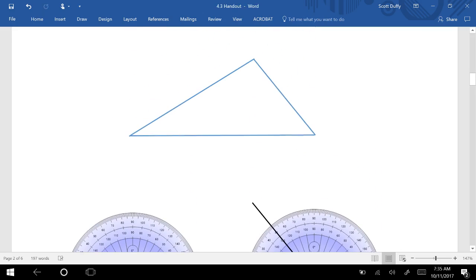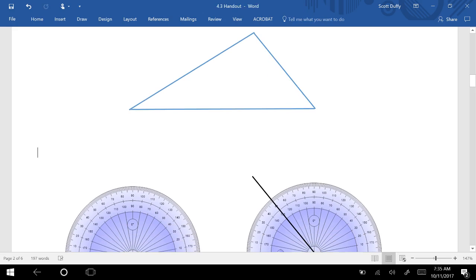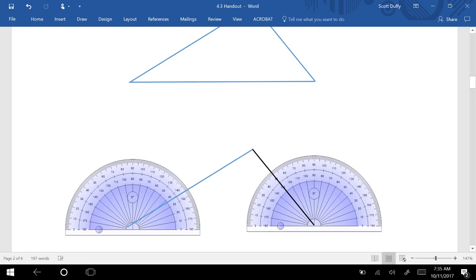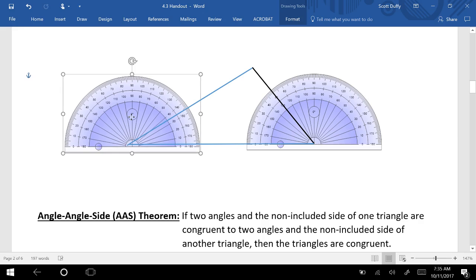And then what I'm going to see is, can I use this side length, join it with the given, and this side length, join it to create the last side? Can I use those to create a 50-degree and 30-degree angle?